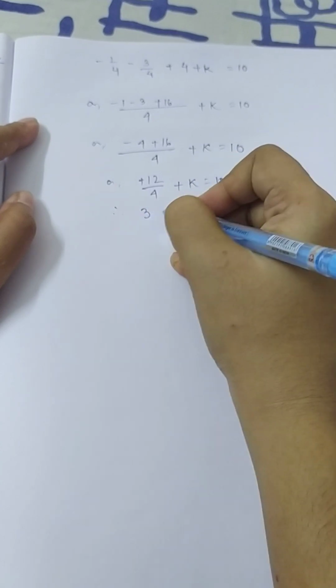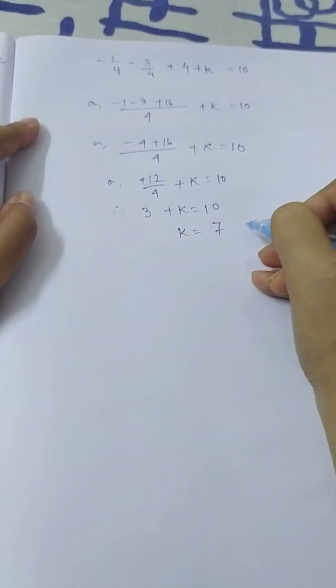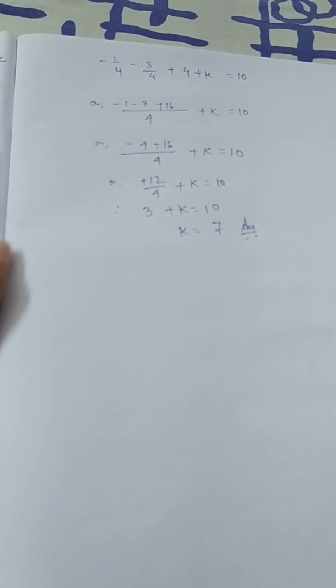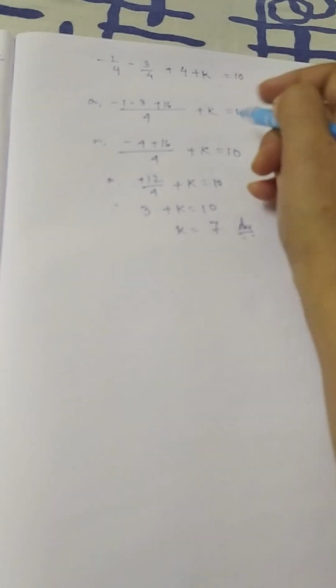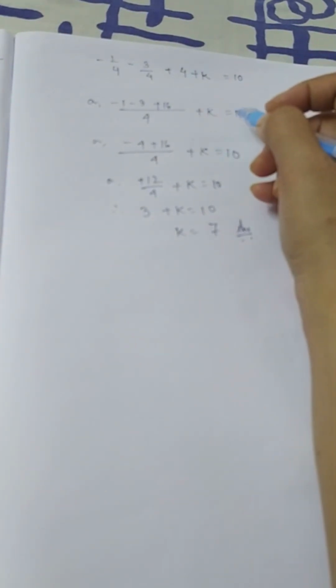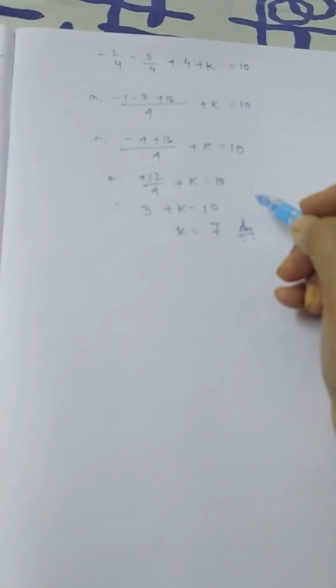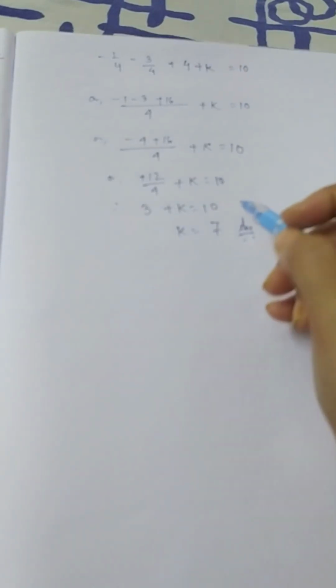So it will be 3 plus k equals 10. So k is equal to 7. So 7 is the number which is added to this polynomial 2x cube minus 3x square minus 8x, and when it is divided by 2x plus 1, it will leave a remainder 10. We will go to the next sum.